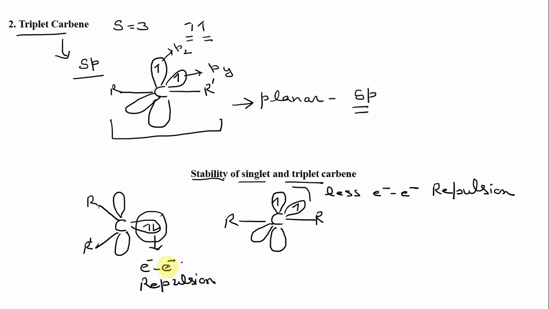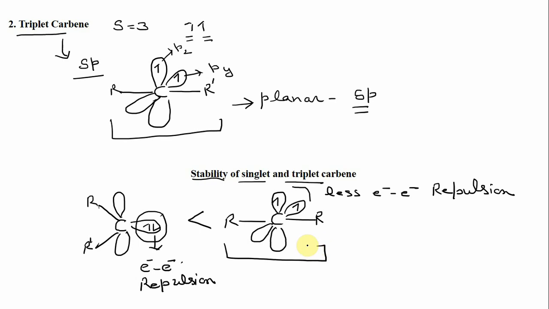So since electron-electron repulsion in singlet carbene is more as compared to triplet carbene, these triplet carbenes are more stable as compared to singlet carbene because of lesser electron-electron repulsion, as both electrons are present in different orbitals. So this was the structure and the types of carbenes.